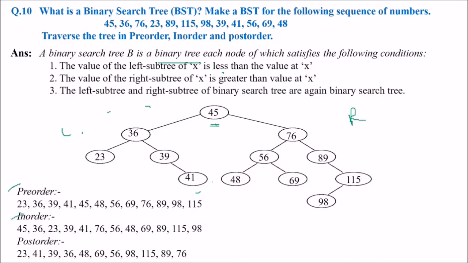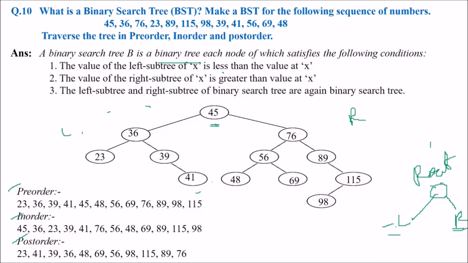These are the pre-order, in-order, and post-order traversals of the nodes, in which every tree has a left subchild, a right subchild, and a root. Pre-order is first we take the root, then left, then right. In in-order, we take first left, then root, and then right.